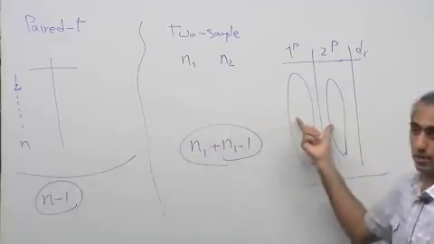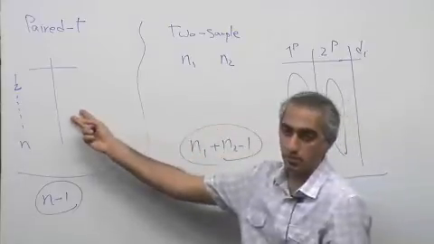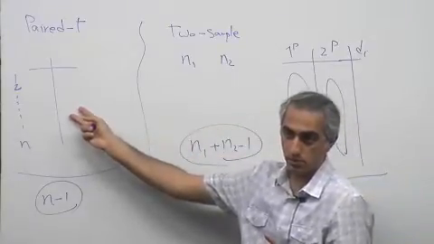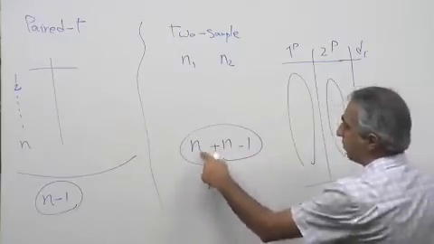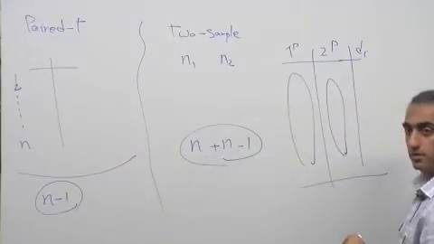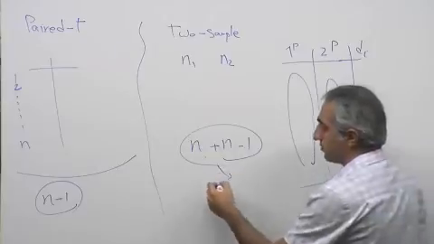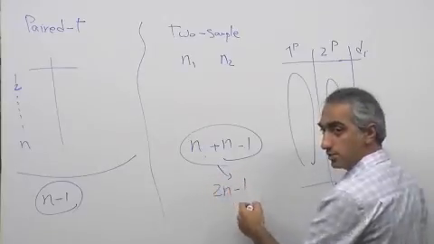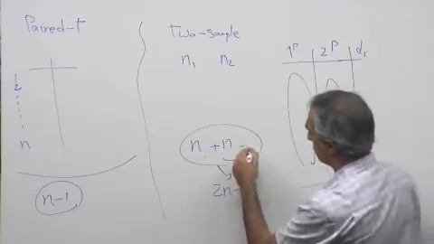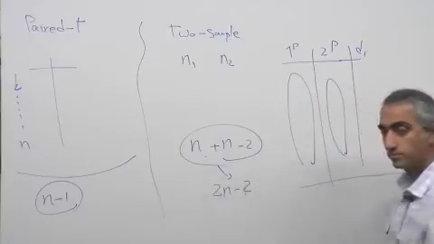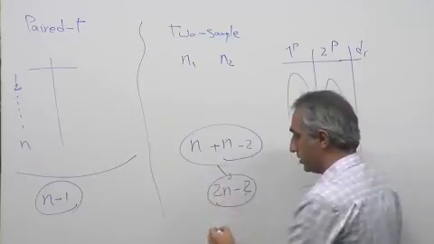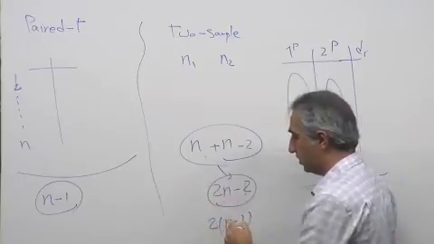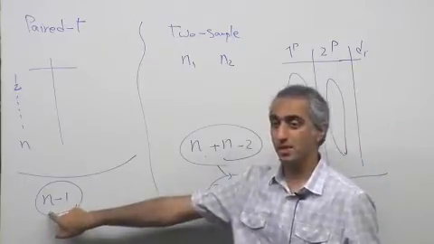Although they are independent, we can use the same procedure. Does it make sense? So in this case, n1 and n2 are the same. What is the degrees of freedom for this? It's 2n minus 2. So the degrees of freedom here is 2 times n minus 1. The degrees of freedom for the paired case is n minus 1.